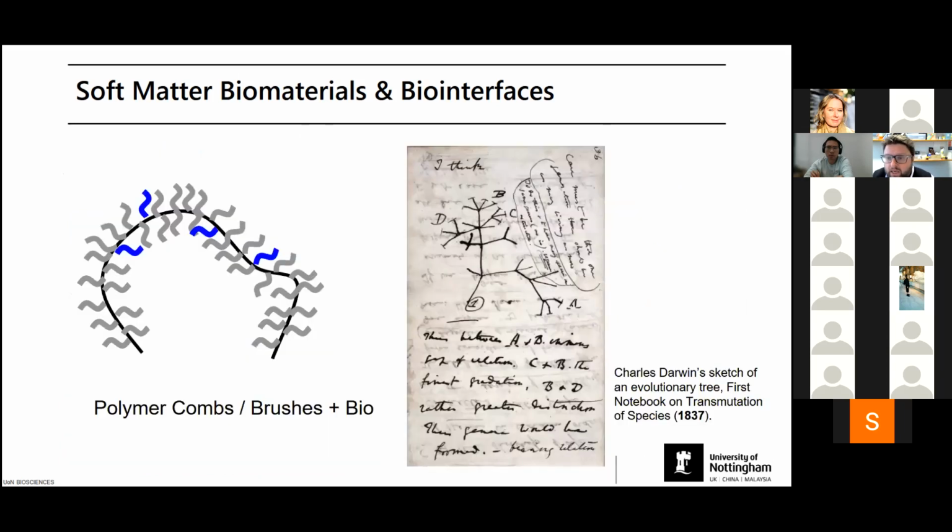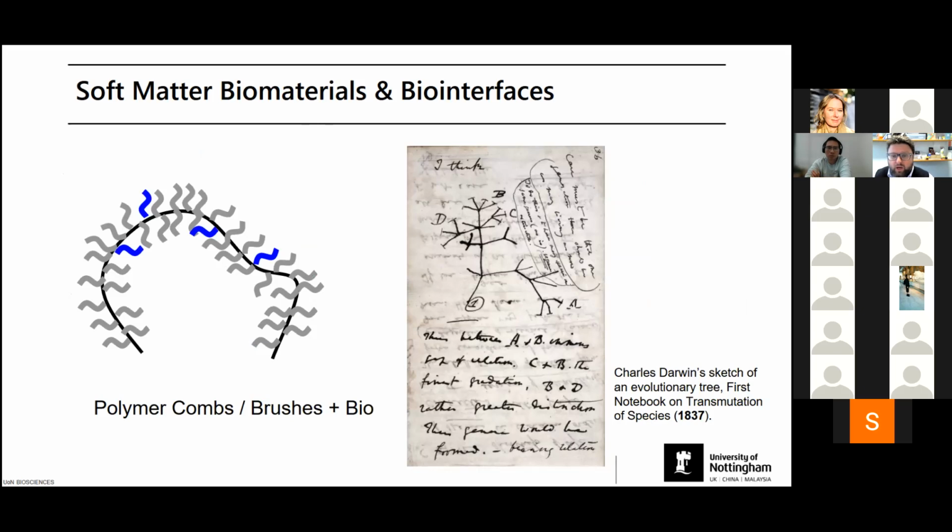In essence, at a very fundamental level, we're interested in copolymers and polymer brushes. A lot of polysaccharides actually exist in the form of polymer brushes, and this is our particular area of interest.